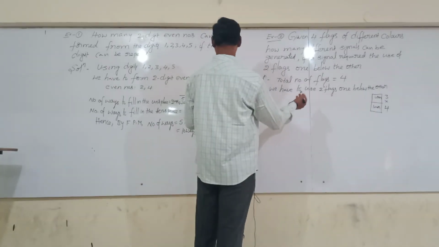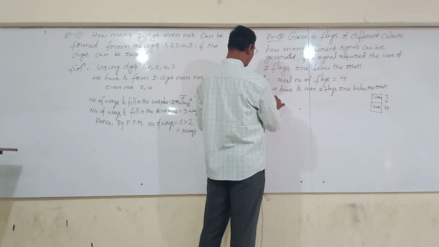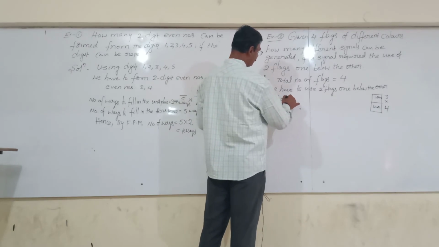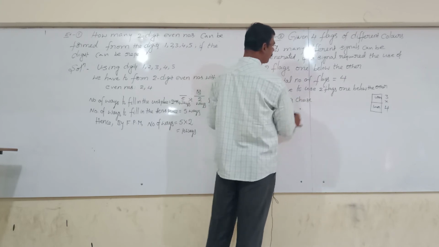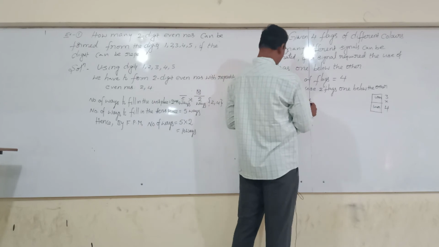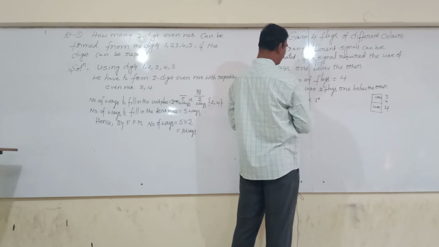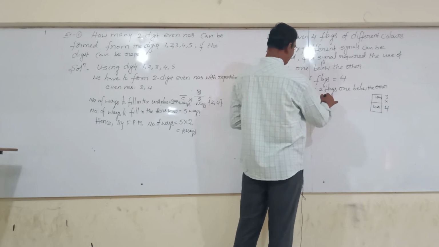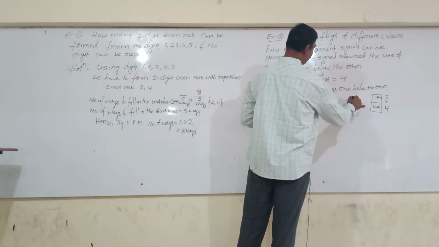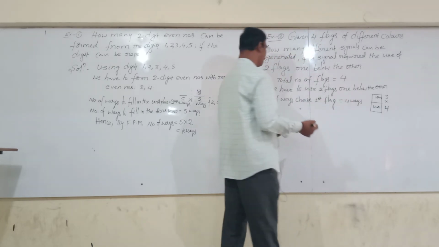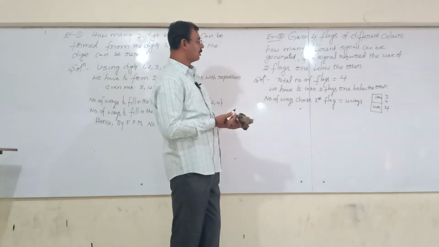This is almost exactly similar to our earlier problem. So we write: number of ways to choose the first flag is equal to 4 ways. That is the lower position.